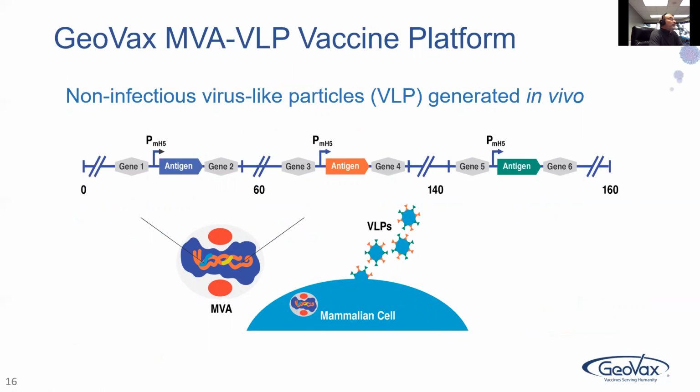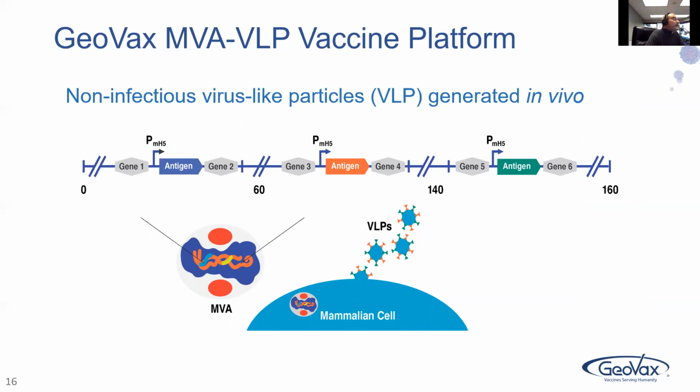Here, this represents what the MVA looks like for our first generation CoV-2 vaccines. So antigen 1 would be the S protein. Antigen 2 is the membrane. Antigen 3 is the envelope. We specifically picked S, M, and E because these are the proteins required for assembly of the virus into a virus-like particle.